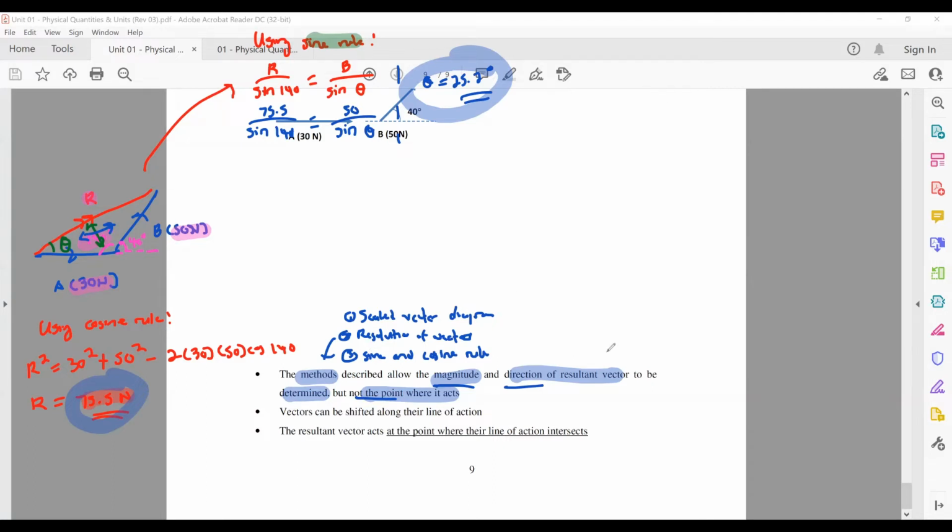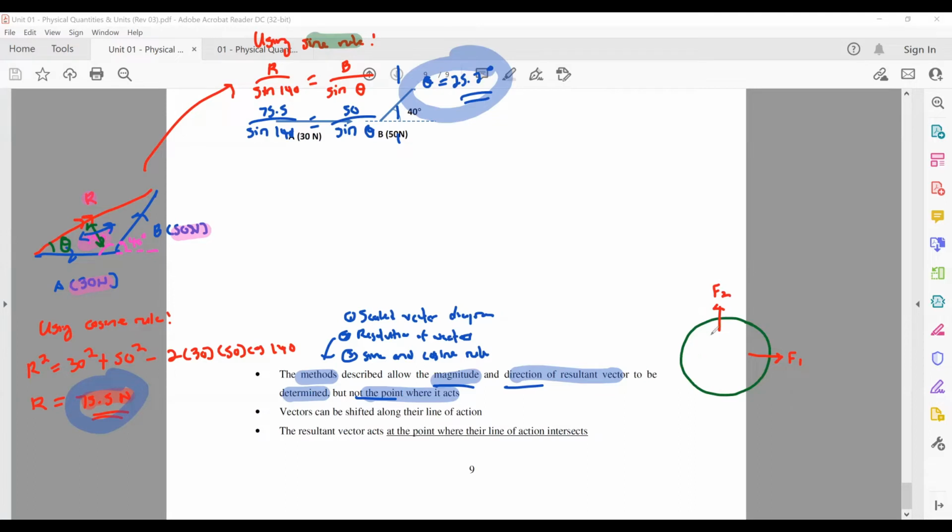Now, to give you an idea of what I mean by that, consider, say, a circle here, and I tell you you have a force F1 acting here, and a force F2 acting here.